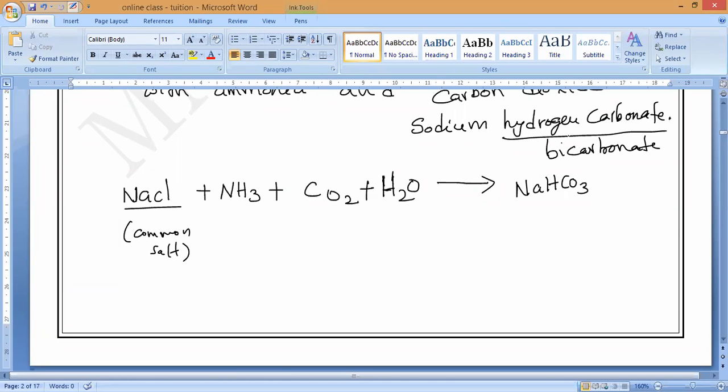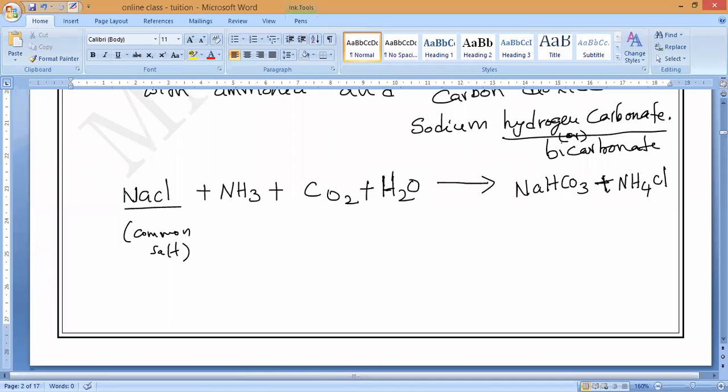Sodium bicarbonate, NaHCO3, note it down, very, very important. Along with that, one more product will come. Ammonia is there, that is why we can get one more. NH4Cl. NH4Cl, very good, Arvind, Kevin. So NH4Cl, this is the first step.